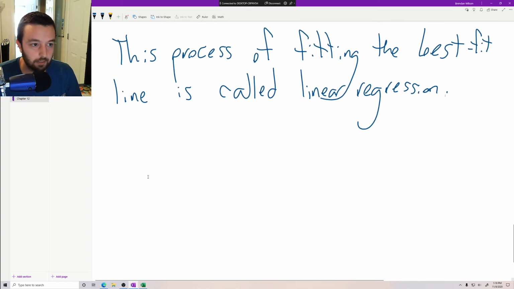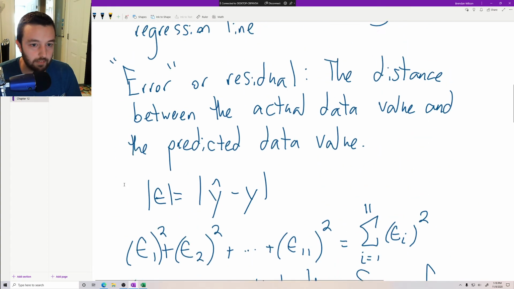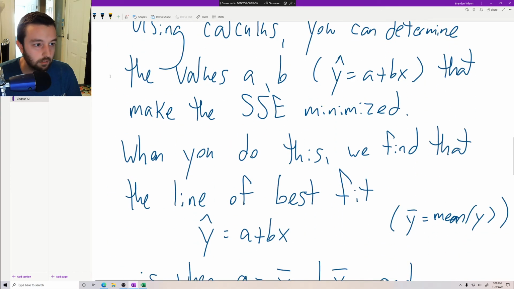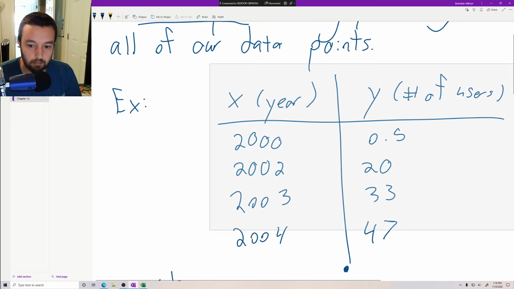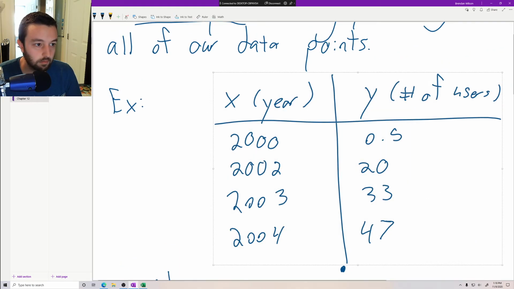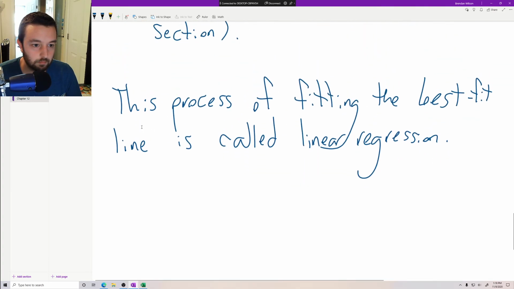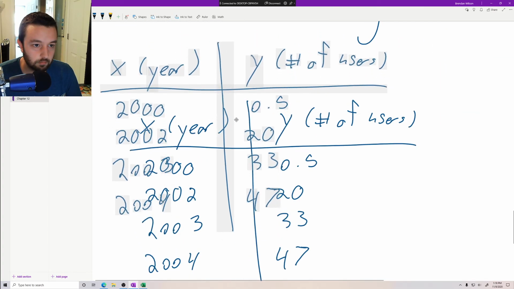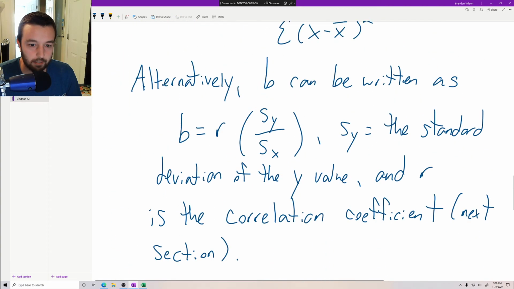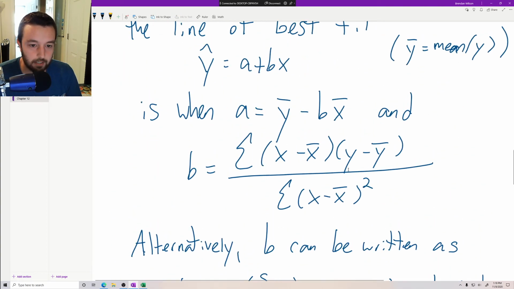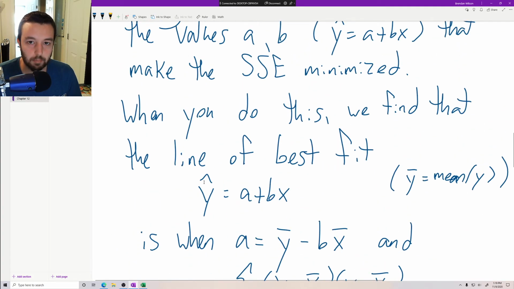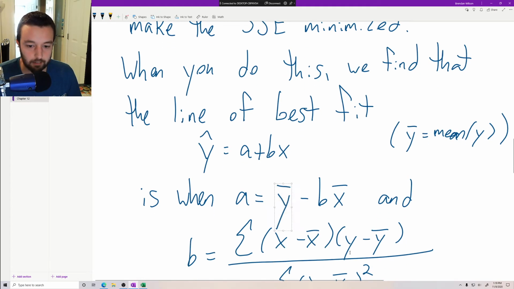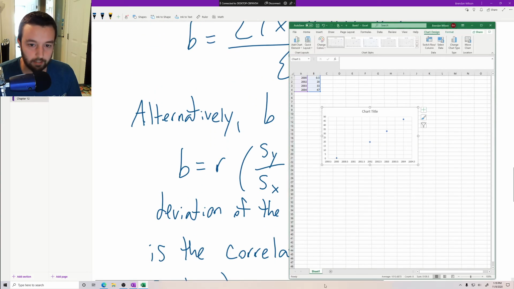Let's see. Let's do an example with our previous data here. Okay, let me grab this. And we'll use Excel to do a lot of the more tedious calculations here. Okay. So let's look at what numbers we're going to need. We're going to need the mean of Y. We're going to need the mean of X. So let's go ahead and just find those.